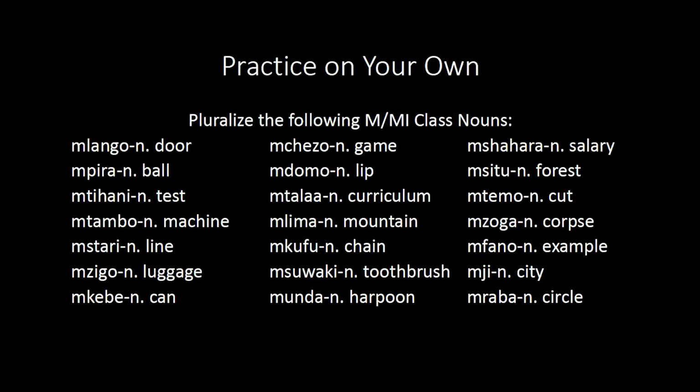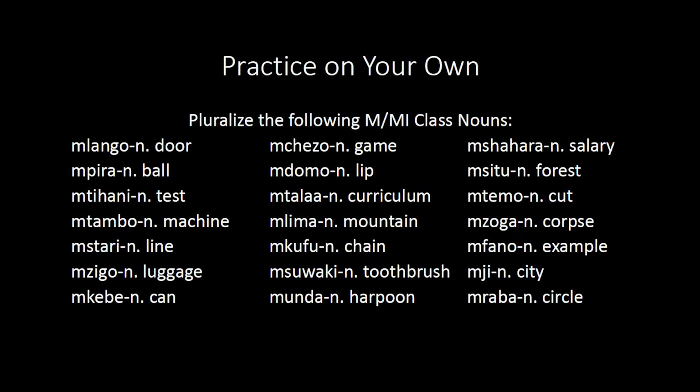So you have here mlango. Door. And how do you pluralize door? Did you say milango? If you did, you're correct. Mlango becomes milango. Door becomes doors. Very good. Then for mchezo, you remove the M, put MI, and mchezo, game, becomes michezo, games.